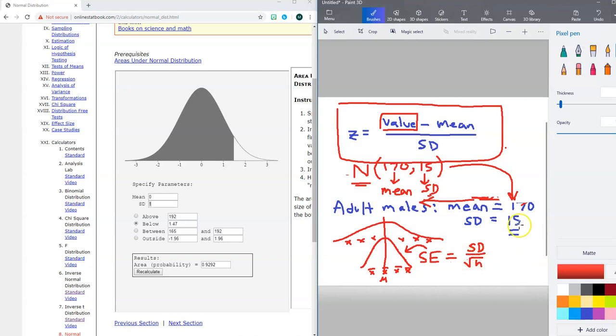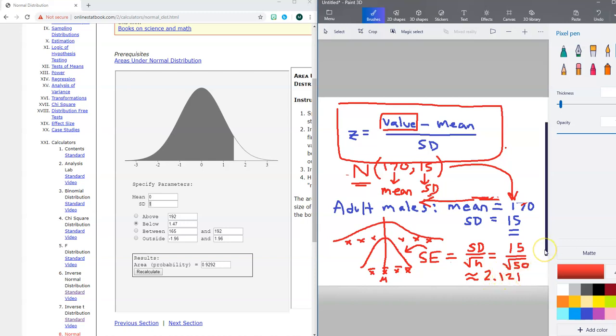All right, so what that means is if the standard deviation were 15, and let's suppose I took a sample of 50 males, then the n would be 50, that's my sample size. So for the spread of the sample means, I'm putting this in my calculator, 15 divided by the square root of 50, that's roughly around 2.121.